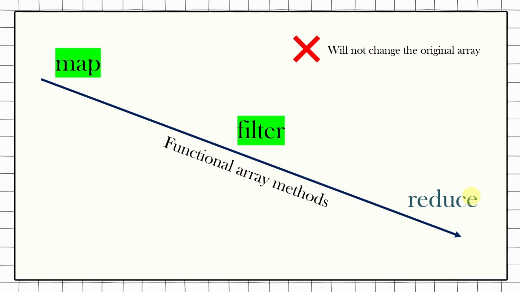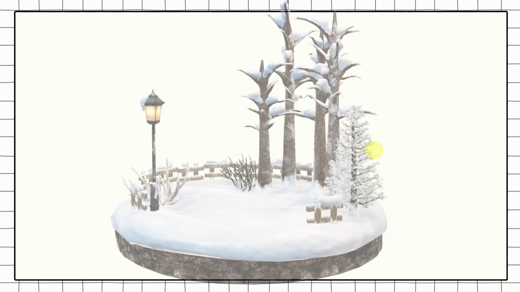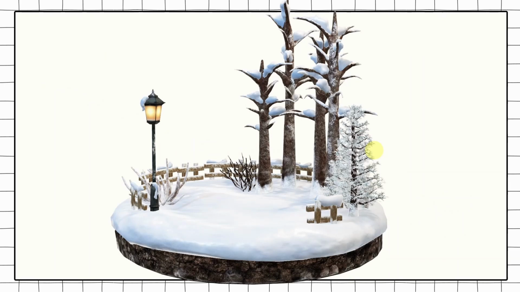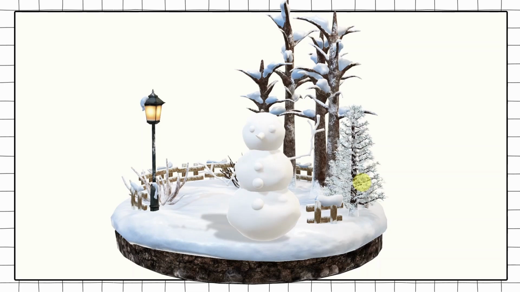By the name itself, you might think it is going to reduce something, but actually it is not. Let me explain using one example. Imagine a playground full of snow. When children play here, they take small snowballs, merge them, and make a big snowball.